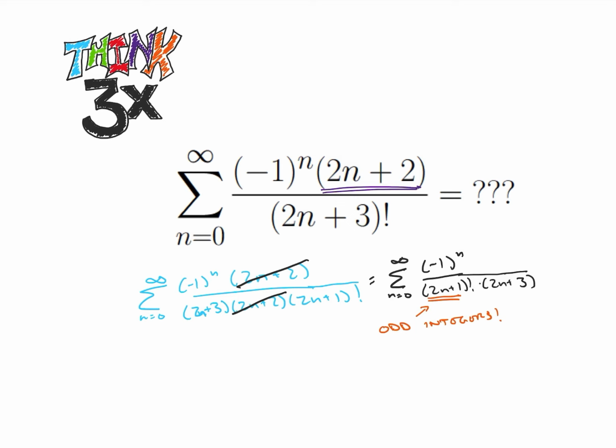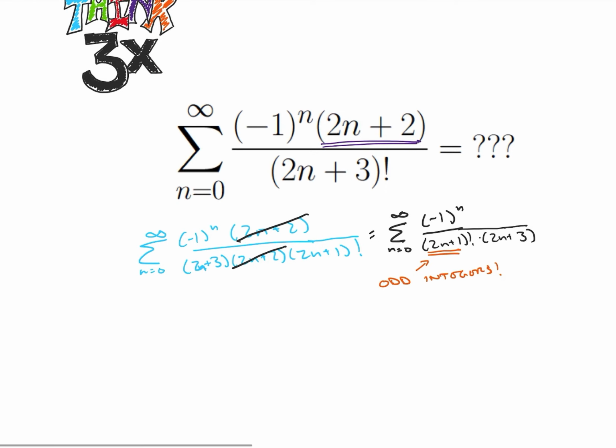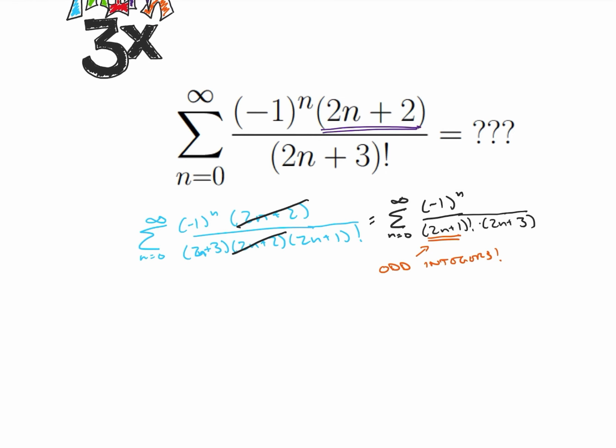And this is very close to a Taylor series approximation of the function sine of x. Sine of x, if we were to break it out, is equal to x minus x cubed over 3 factorial plus x to the 5th over 5 factorial, and then minus for the next odd term, and so on.